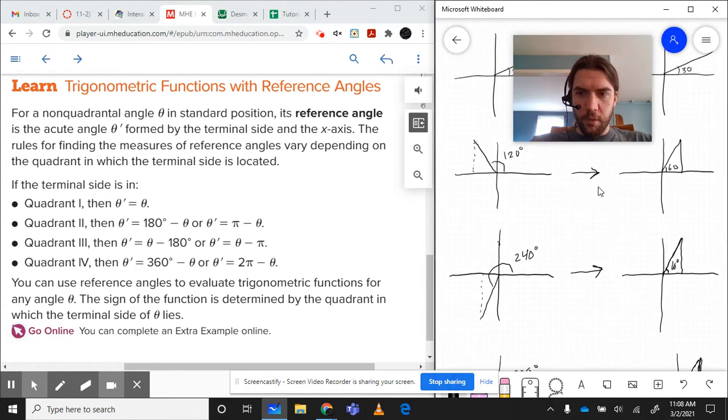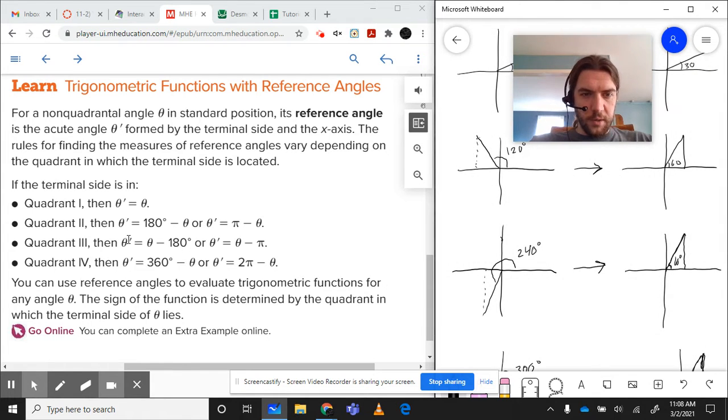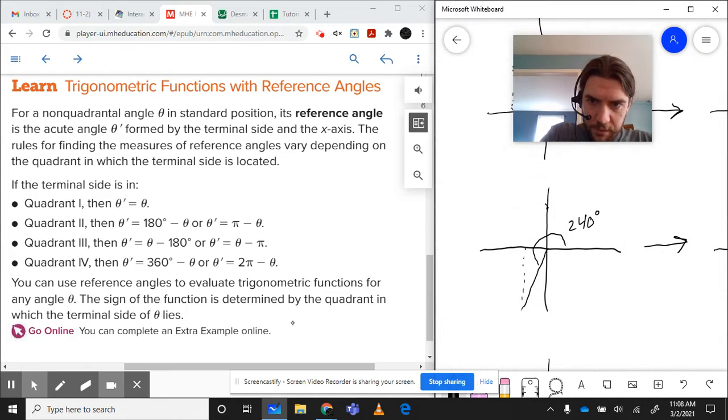For quadrant 3, they're going to say to get your reference angle, take your angle and take away 180. So basically pull it back by 180 degrees. And once again, that will give you your reference angle, which in this image would be that portion right there.